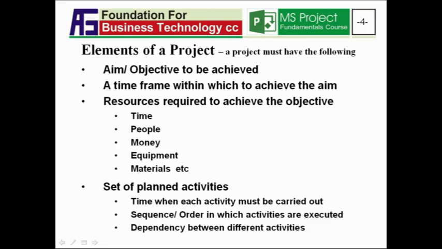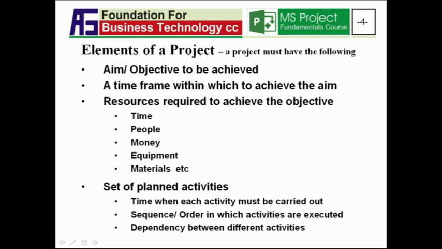A project has a number of elements, some of which we have already touched. The very first element of a project is that it has to have an aim or an objective that needs to be achieved. That is why you hear people talking about a dam project or a road project or a construction project.